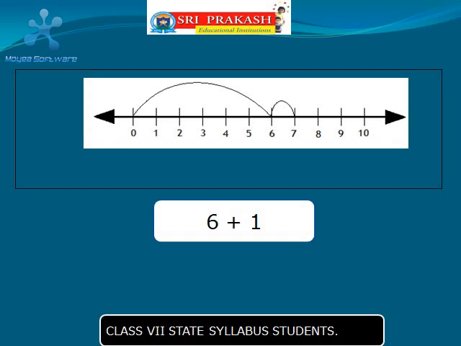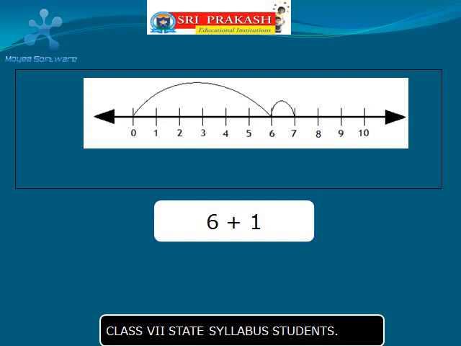Now let us learn how to add 6 and 1 with the help of number line. The first number is 6. So we move towards right side from 0 by 6 units or 6 places. 1, 2, 3, 4, 5, 6.